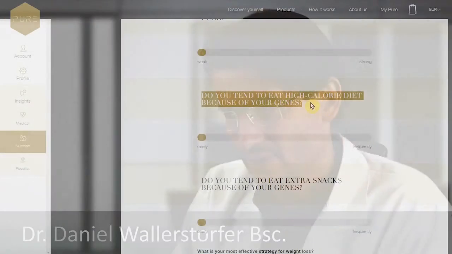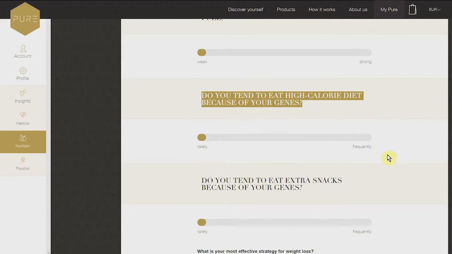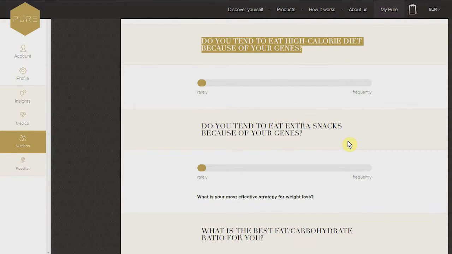And you should be aware, if you're in this section, you're likely to be manipulated by your own genes to prefer food with high calories. And if you don't specifically choose which type of food you should eat, your genes will likely try to lead you to eat more calories than you should. And a similar thing goes with snacks.